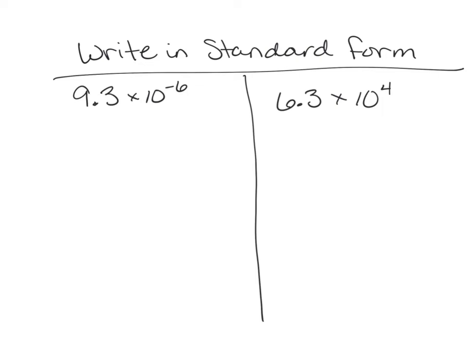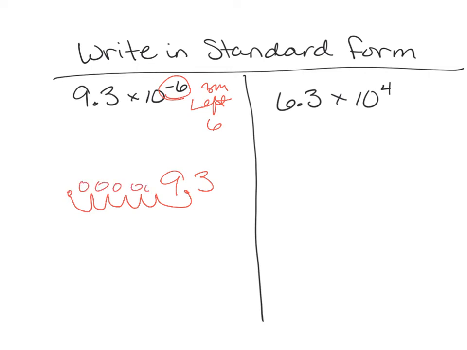9 and 3/10 times 10 to the power of a negative 6. So we're going to go left, because it's a small number. We're going to go left 6 places. So 9 and 3/10, we're going to go 1, 2, 3, 4, 5, 6. So I'm going to put in 1, 2, 3, 4, 5 zeros. So point 1, 2, 3, 4, 5 zeros, 9, 3.